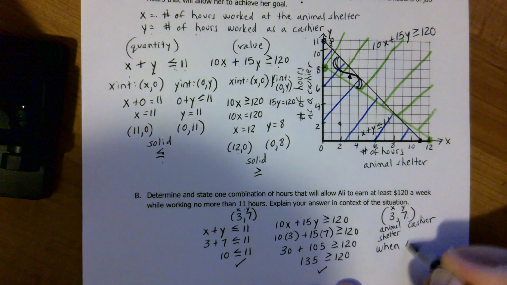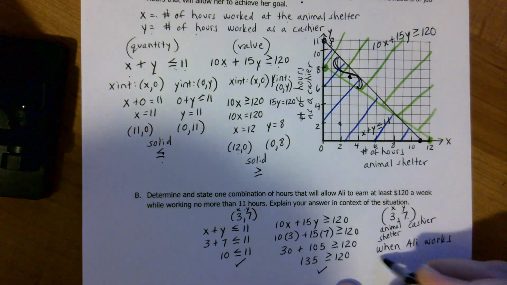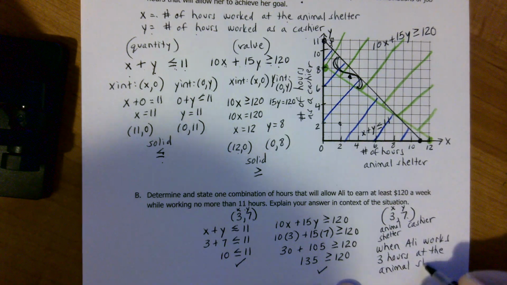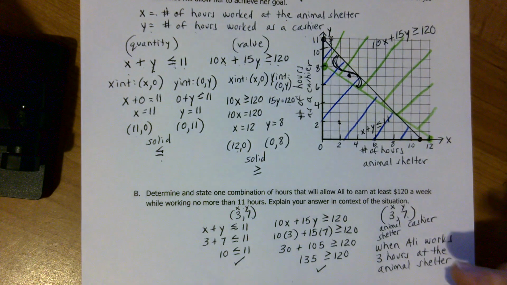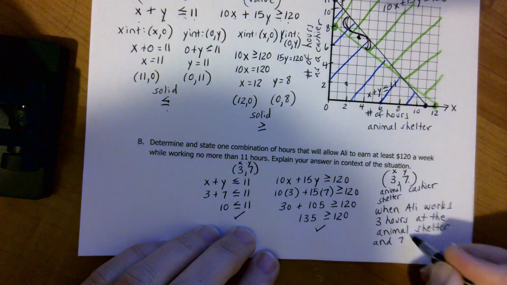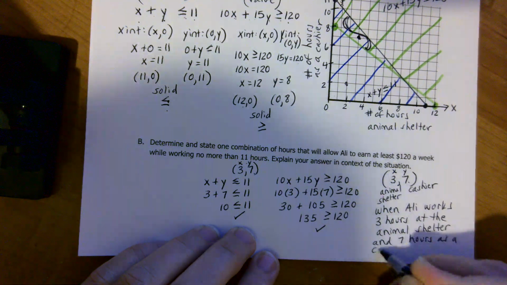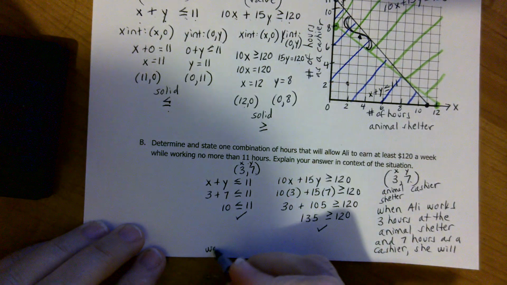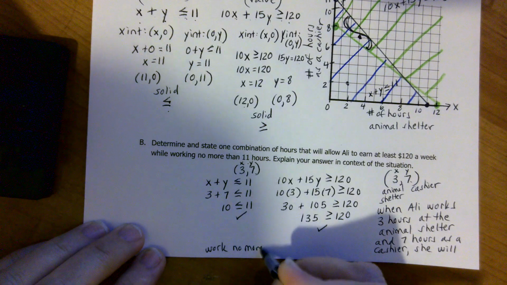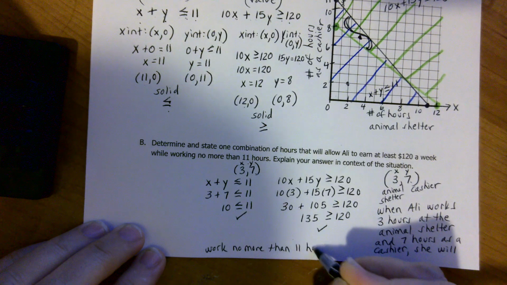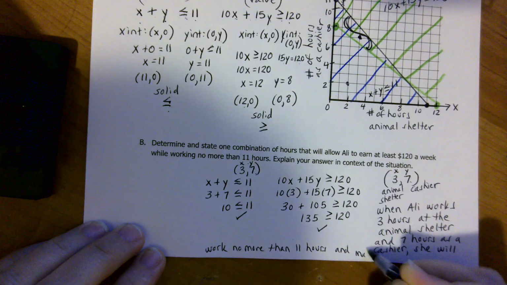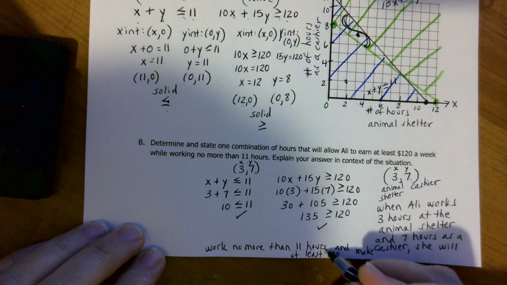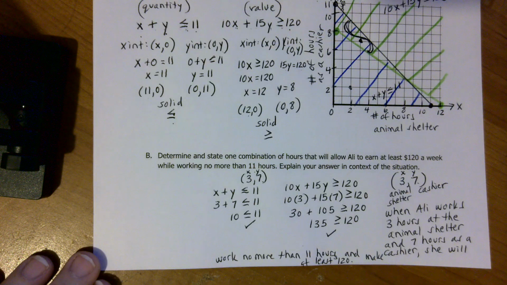So when Allie works 3 hours at the animal shelter, and 7 hours as a cashier, she will work no more than 11 hours and make at least $120 for the week. Okay?